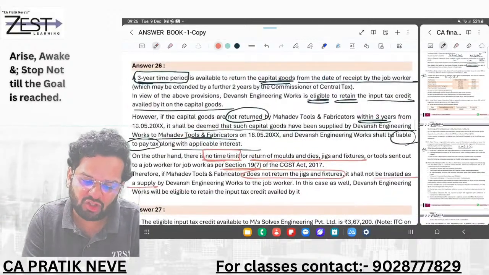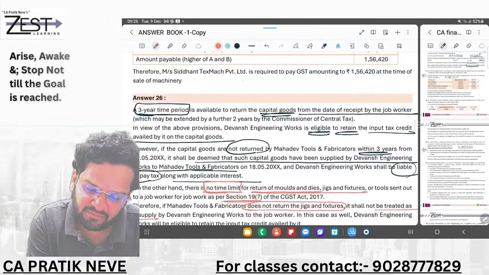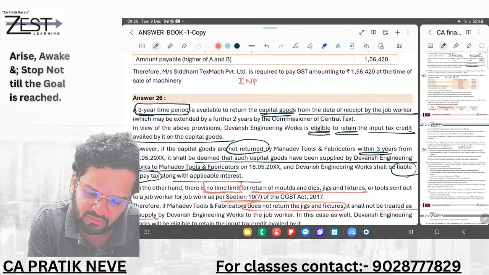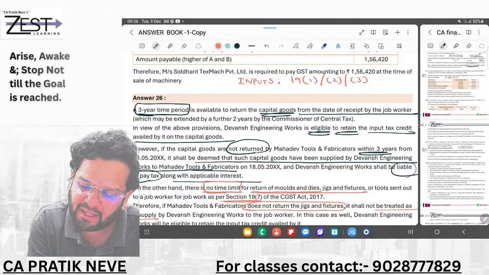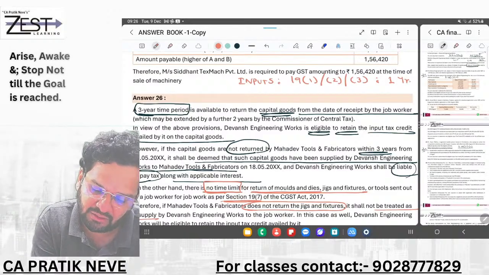Clear? So in short, to give you the summary, for inputs, sections 19(1), 19(2), 19(3) apply and the time limit is 1 year for goods to be returned back.